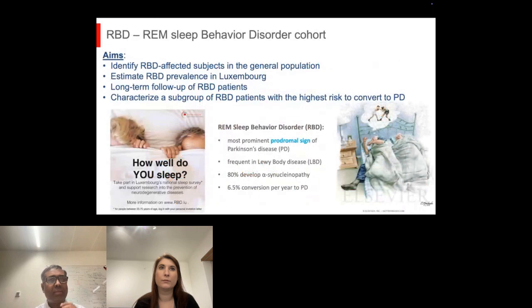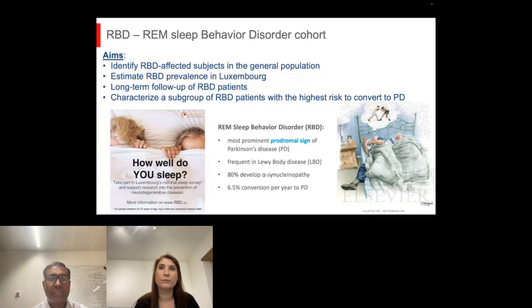For the RBD case, we identify RBD-affected subjects from the general population, estimate its prevalence in Luxembourg in particular, follow these RBD patients long-term, and classify them into three categories of risk, low, medium, and high, for converting into PD.